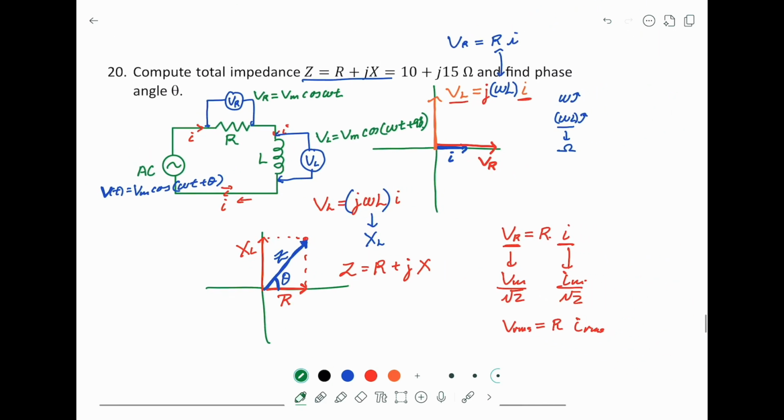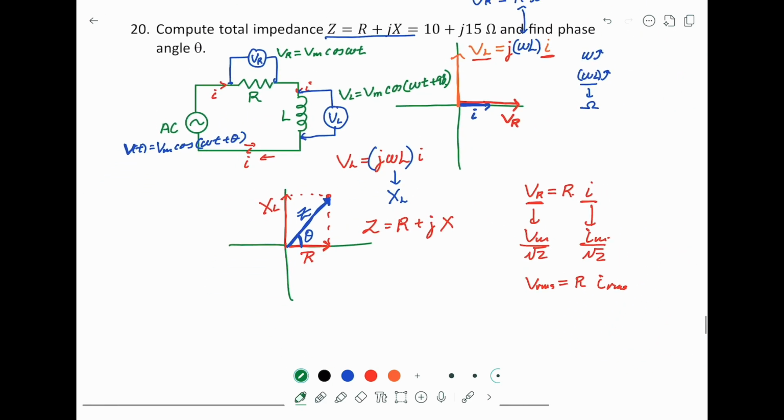So what is the angle? Of course, now it's easy. Tangent theta equals 15/10, and the angle equals 56.3 degrees.